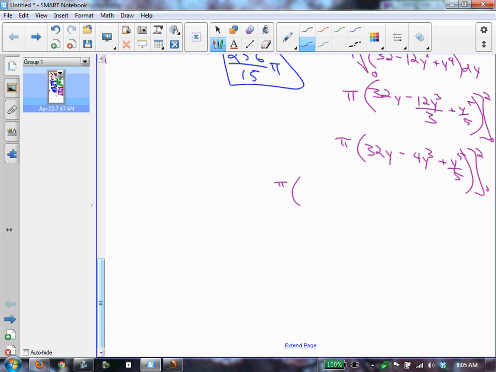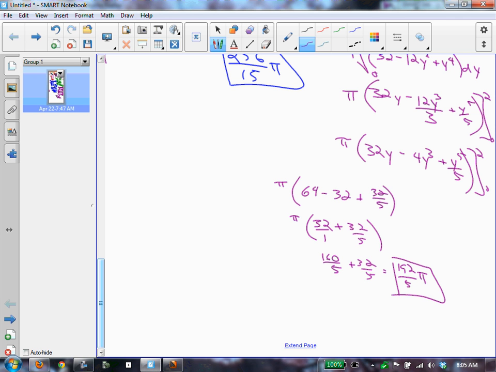If I plug in 2, I'm going to get 64 minus 32 plus 32 fifths. When I plug in 0, I'm just going to get 0. So here I've got 32 plus 32 fifths. It's 160 fifths plus 32 fifths. I'm going to get 192 fifths times pi.